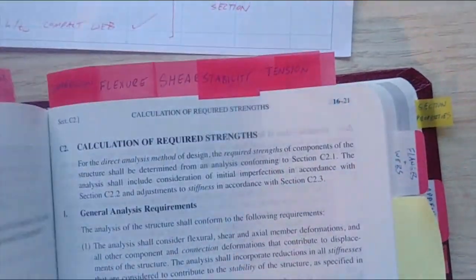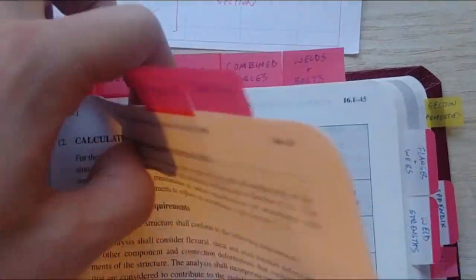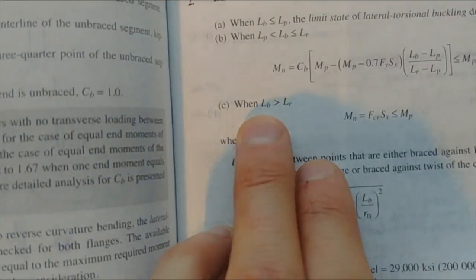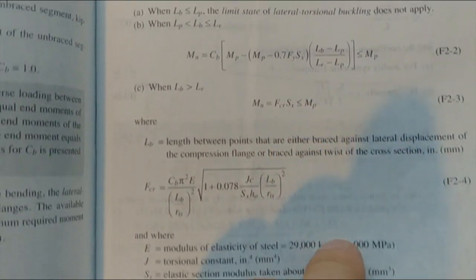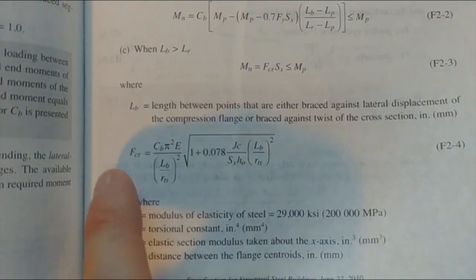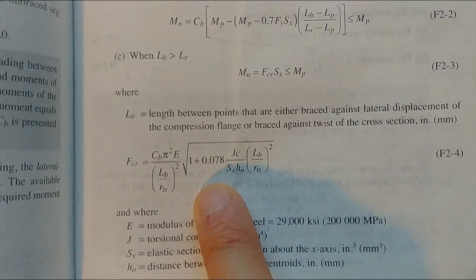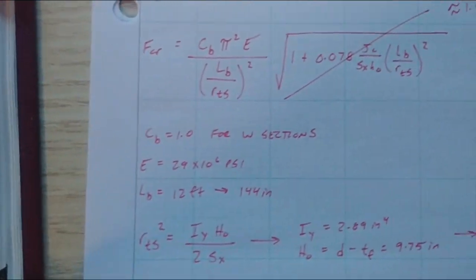There's a lot of page flipping. So Lb is greater than Lr, there you go, what I just said. And Fcr now equals this beefy equation, but we're almost to the end here, I promise.